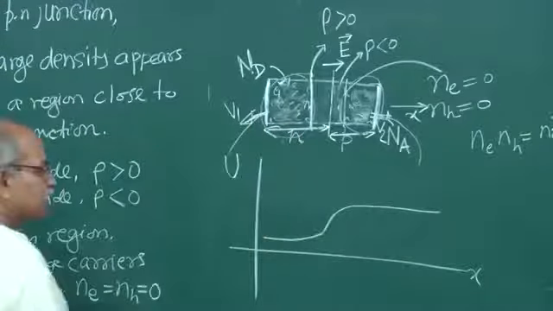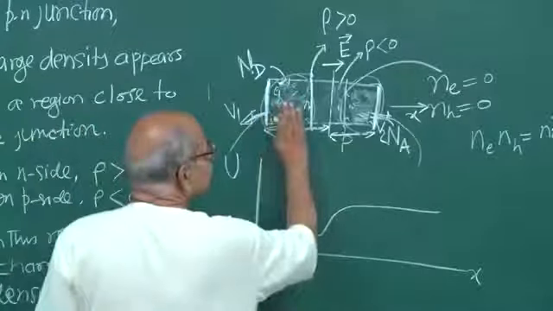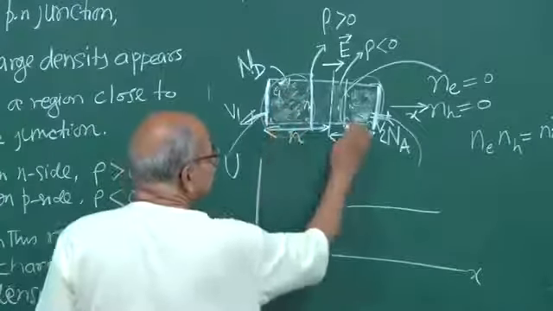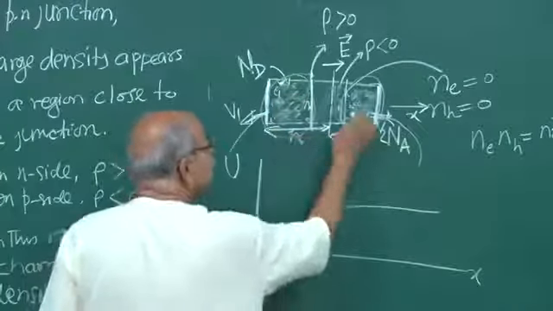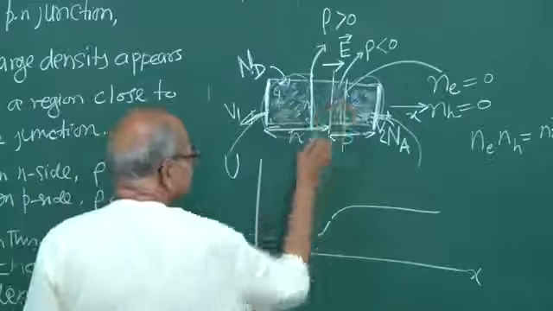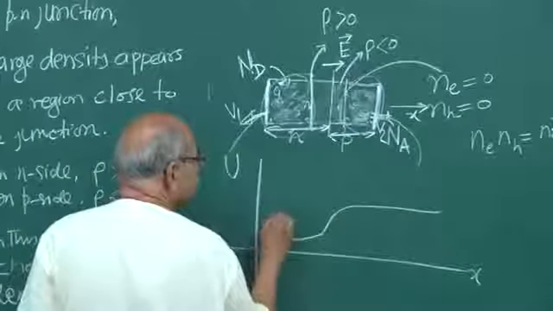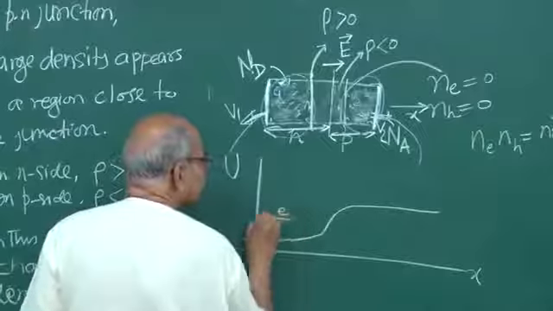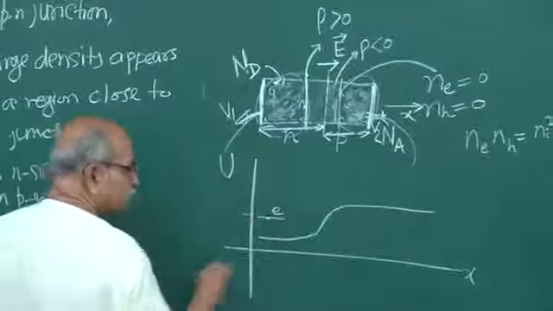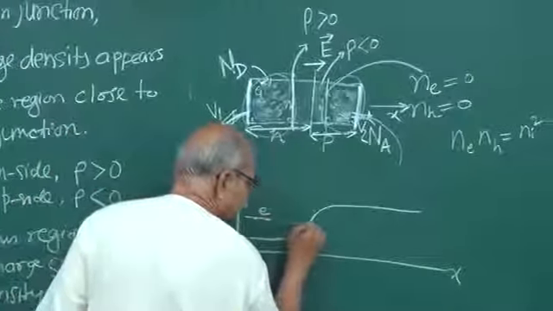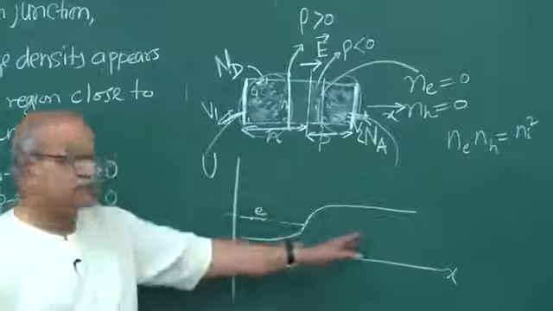If electrons try to go from this negative side to that positive side, n type to p type, left to right, and they have some energy, then they find that there is a barrier out here.